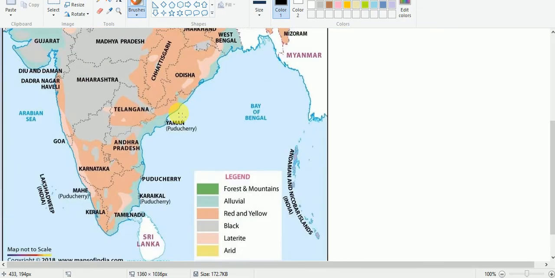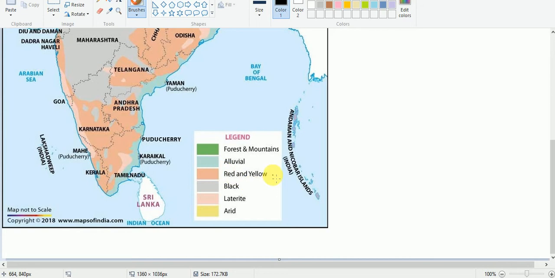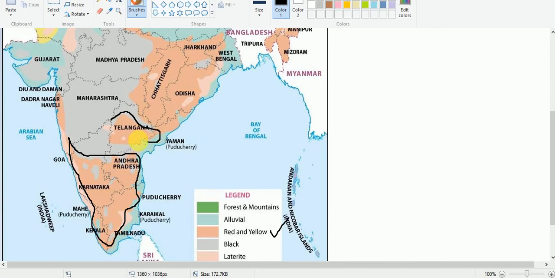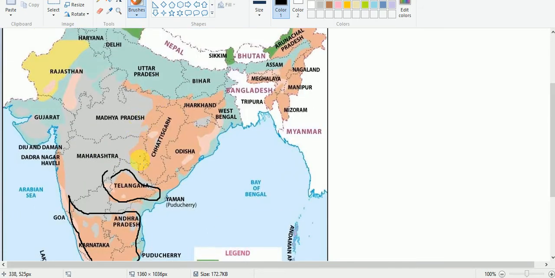First see the legend, and this shade color shows red and yellow soils. These are the areas of red and yellow soils, and here in Telangana also we find it, then eastern part of Maharashtra, then Madhya Pradesh, then the Jharkhand area, western Orissa, and Chhattisgarh, the whole state of Chhattisgarh.